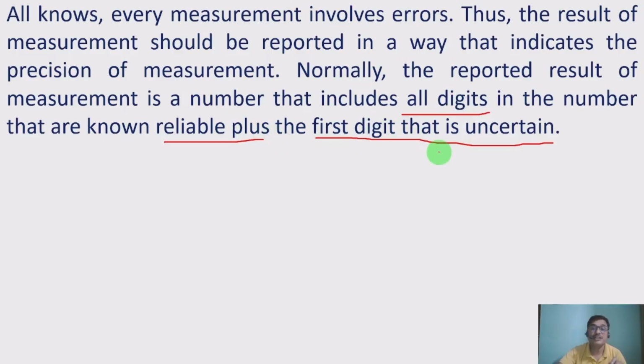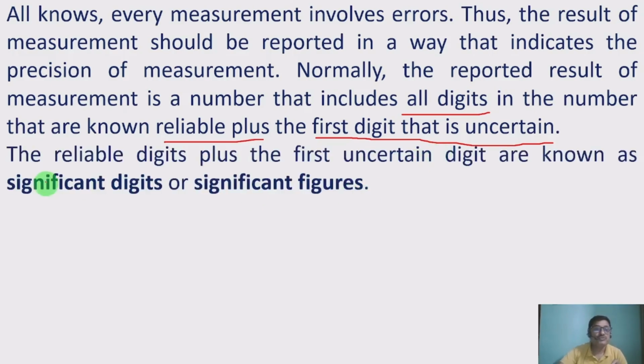Those are to be taken in the measured value. The reliable digits taken after the measurement, plus the first uncertain digit, are known as significant digits or significant figures.